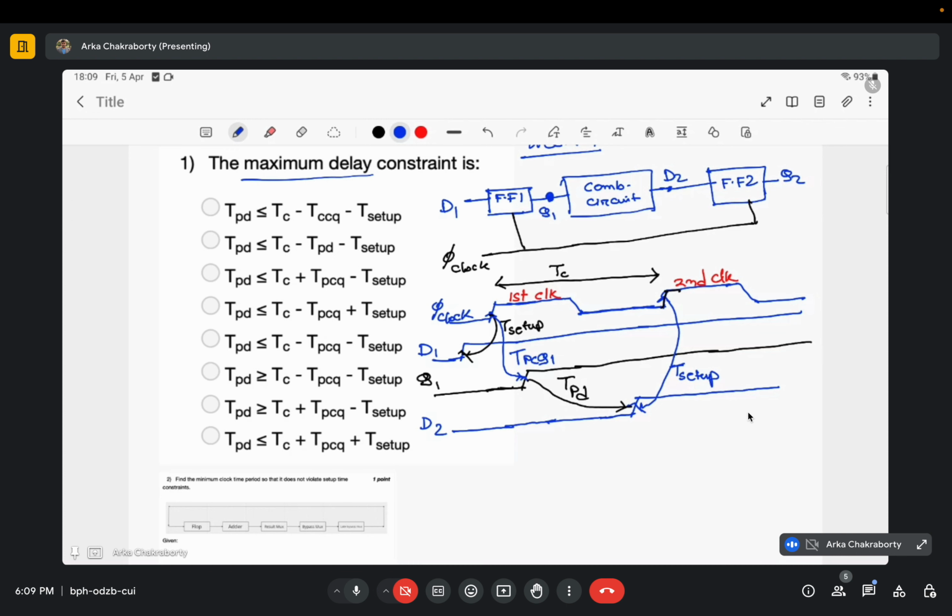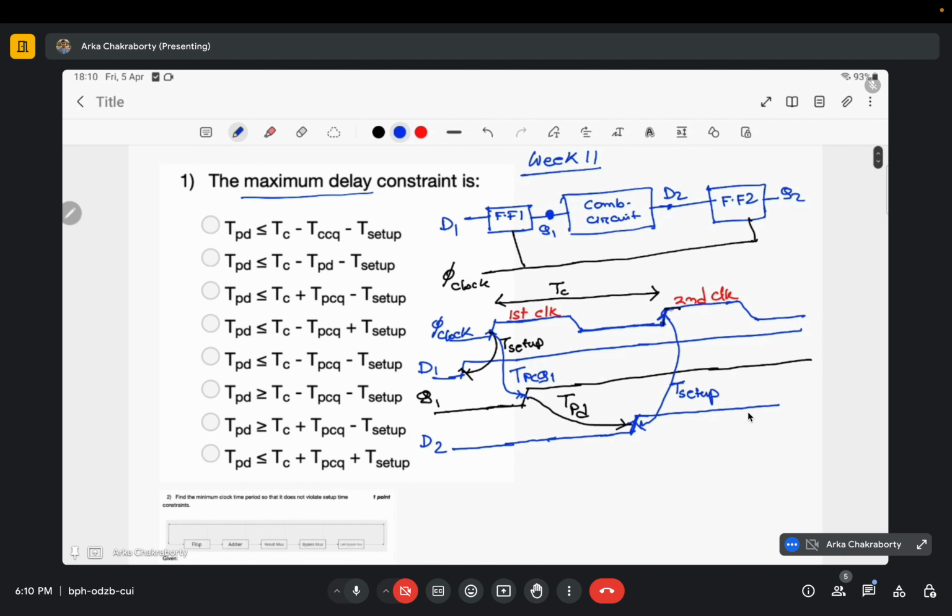So TPD is the largest value possible. The rising edge here would be the exact T setup time before the rising edge of the second clock arrives.